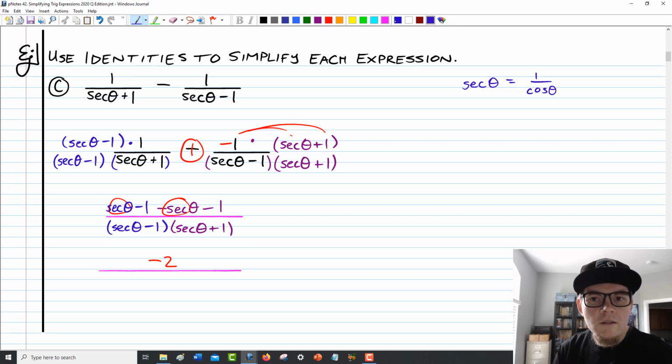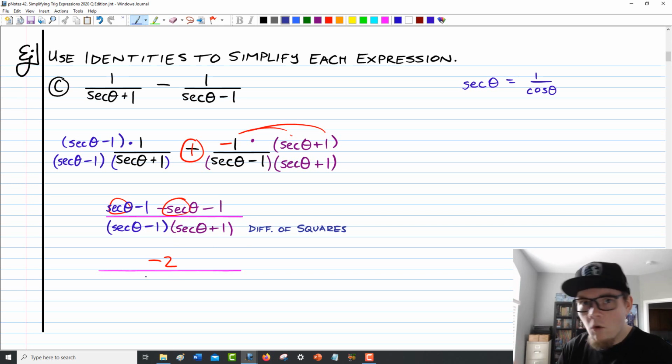Now in our denominator, we have secant of theta minus 1 times secant of theta plus 1. What I notice is not a trig identity yet. I notice a difference of squares. I recognize that a squared minus b squared kind of structure. So in fact, I'm going to go ahead and apply that.